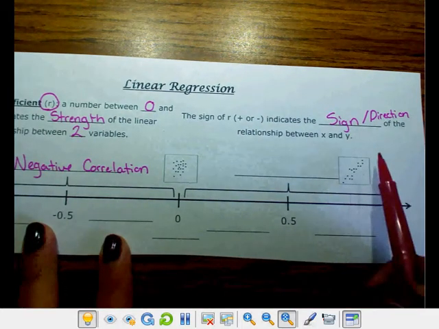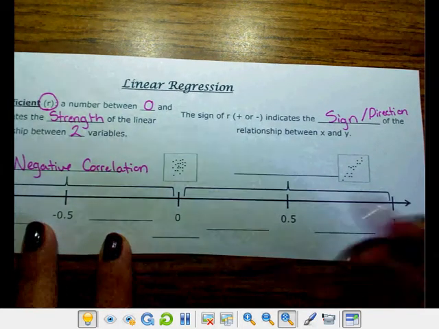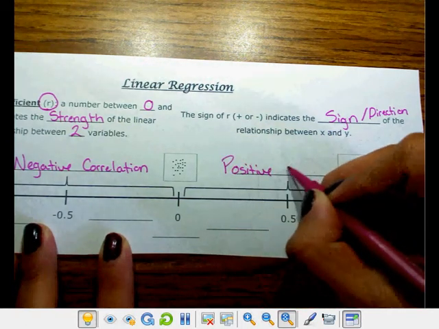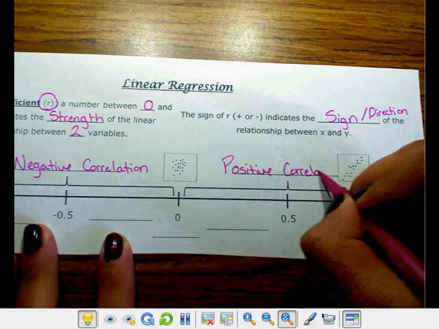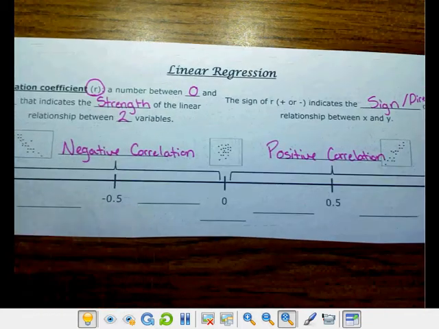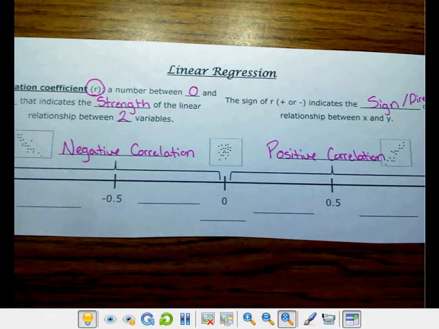All right, so let's look at the next one. If it is going up, what type of correlation is that? Positive. Awesome. Positive correlation. All right. So what about right in the middle? No correlation.